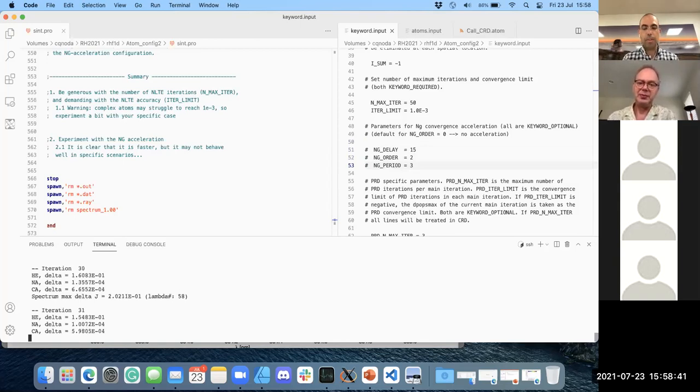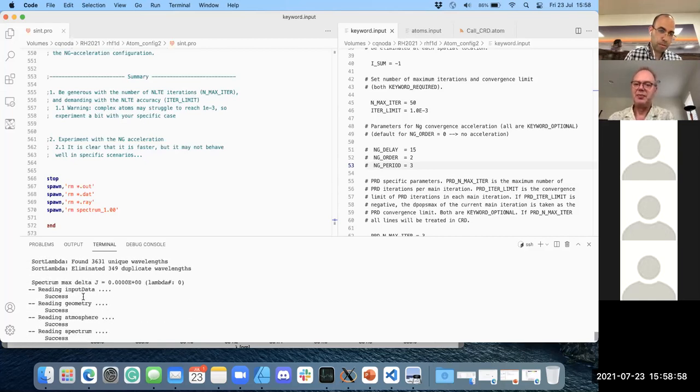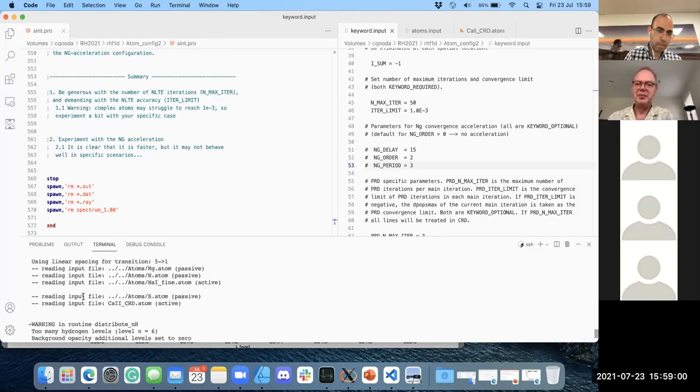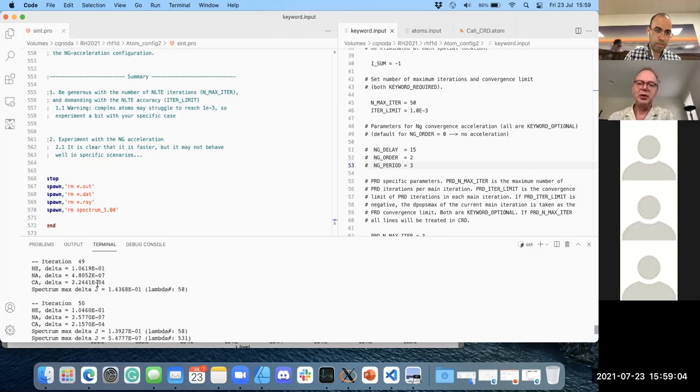So I think this is the example I was thinking about, because NG acceleration was making things go in the wrong direction. It didn't reach the 10 to the -3, but I guess if we just add more iterations, it will work, because it was going down. It will eventually converge. So that's a clear example where you have to be careful.